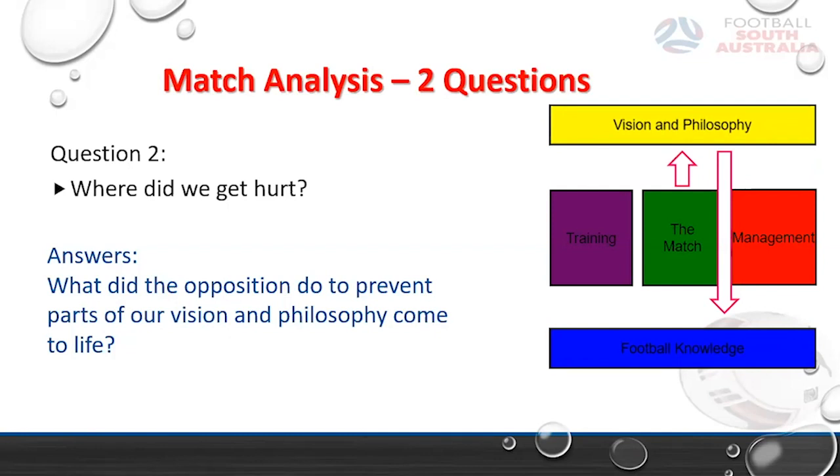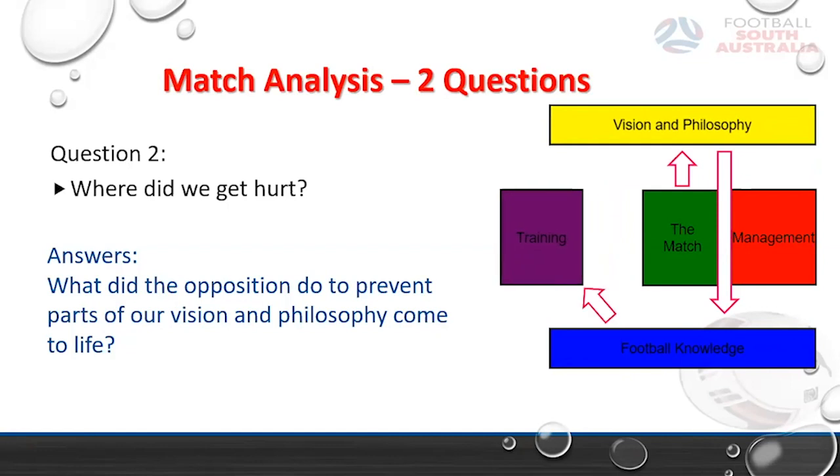You've got to look at what the opposition coming up are doing and how you can use your knowledge to solve your football problems. Your knowledge then will guide what your training plan looks like and what you're going to work on in your 2 or 3 sessions where you're going to work tactically, and it's going to be guided again by your vision and philosophy.